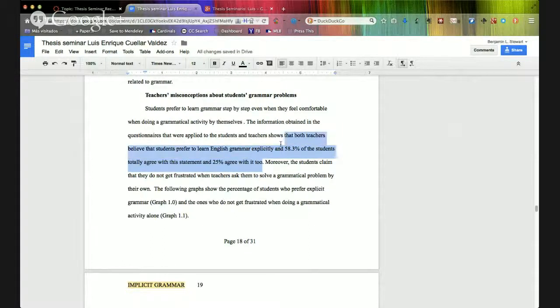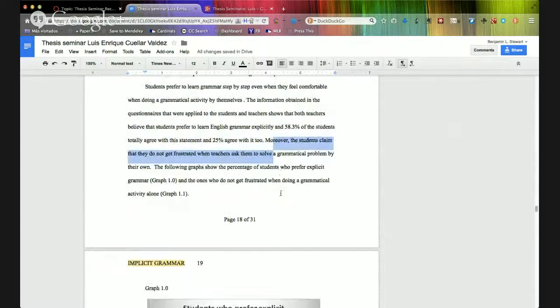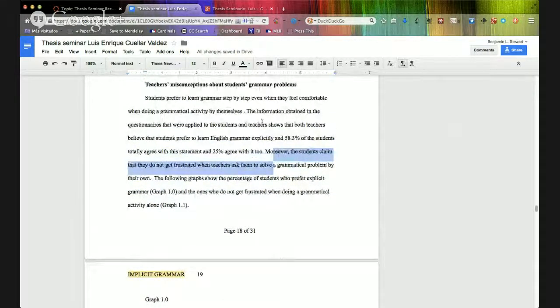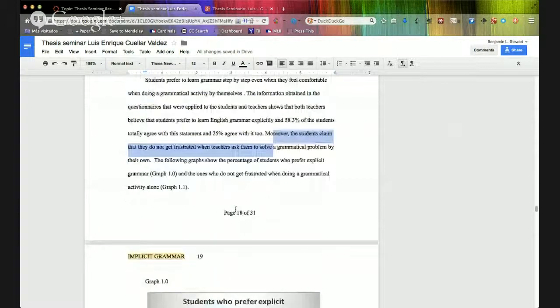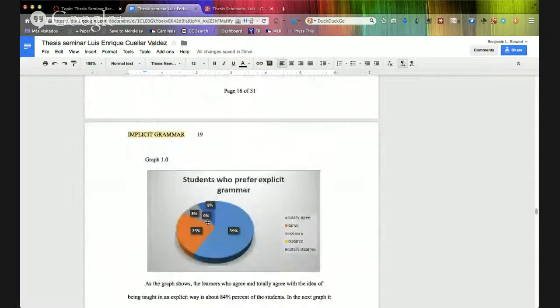What do you mean here? The teachers say that students like to learn grammar explicitly. Okay, what did the students say? Well, you have 59%. Is that the same as 58%? Check your percentages. You have 59, 20.